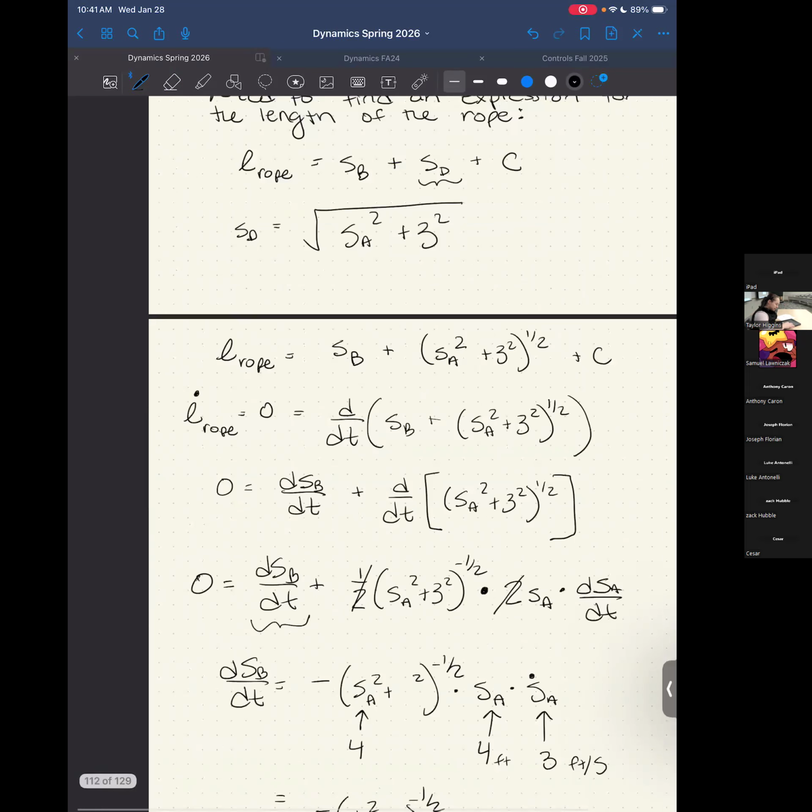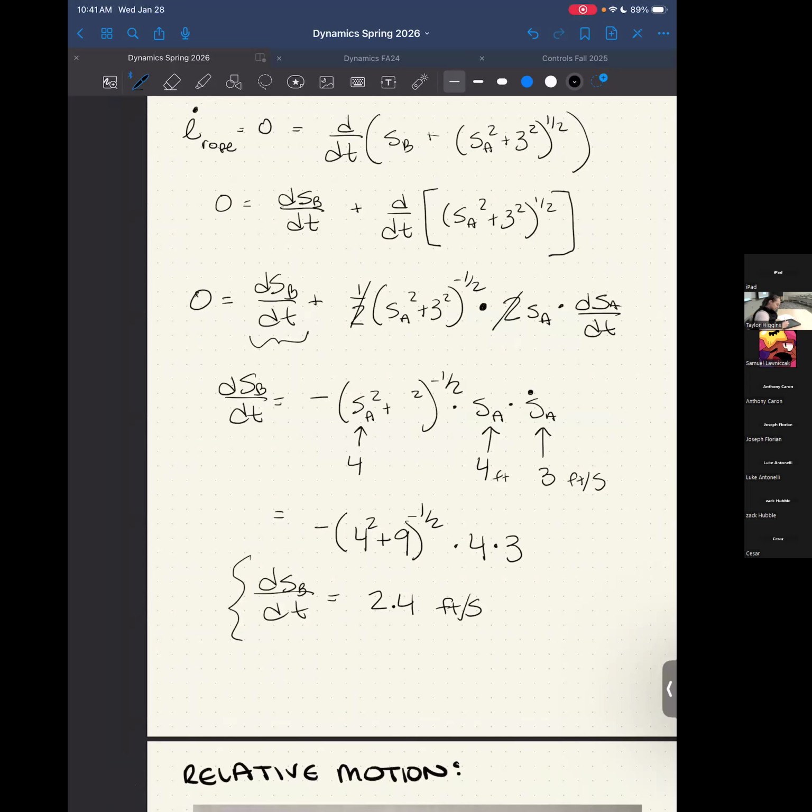Okay, so my final answer should be in the positive i hat direction. If A goes up, B must go to the right.